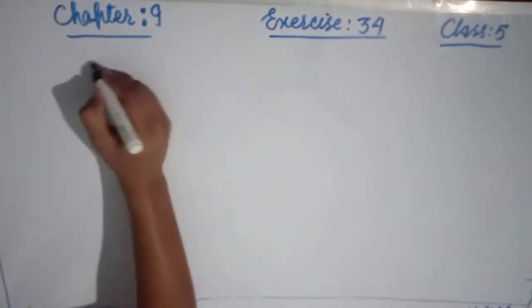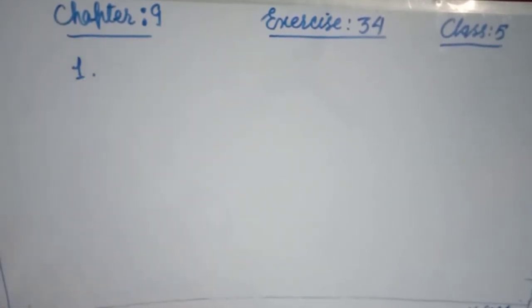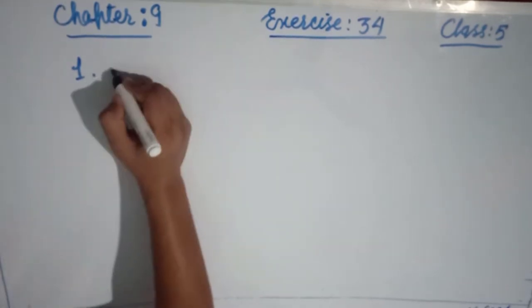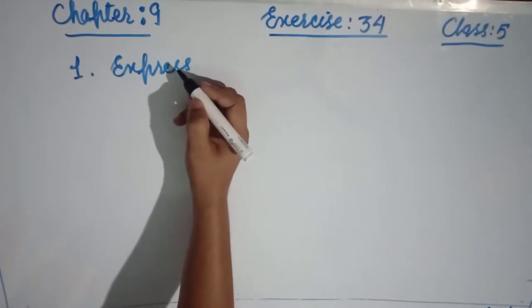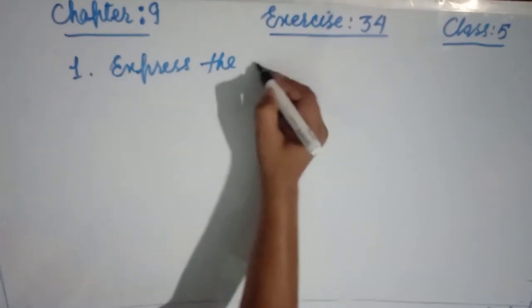Now the first question says, express the following common fractions as decimal fractions.